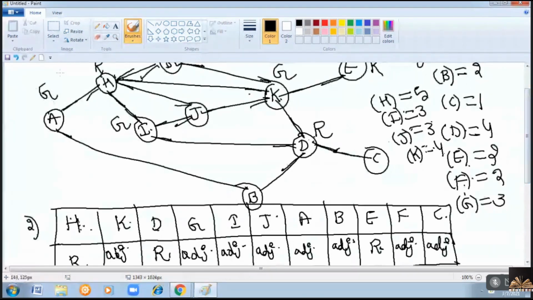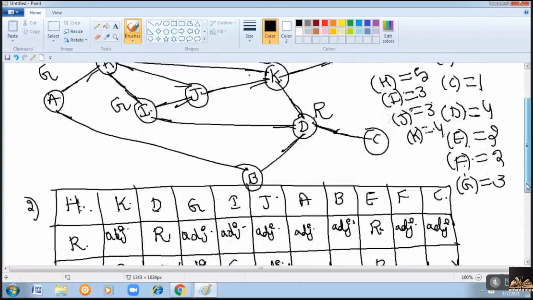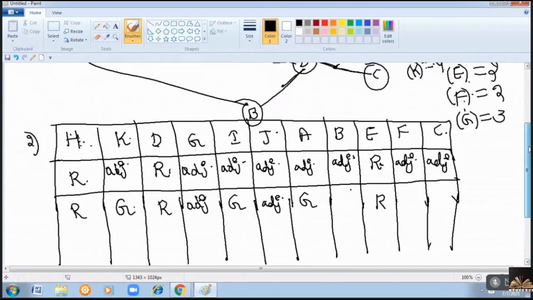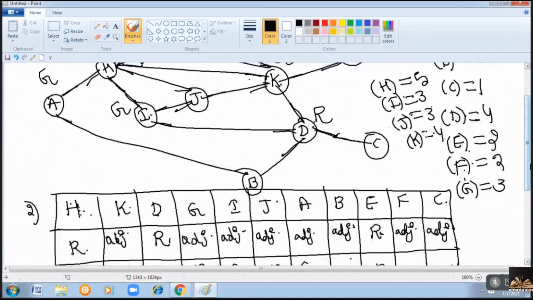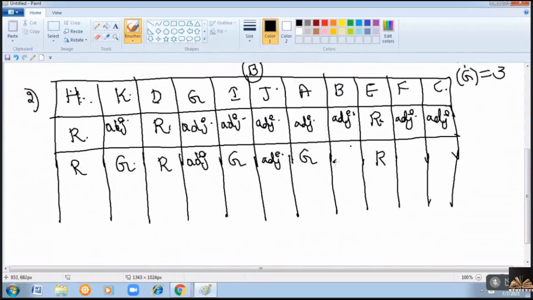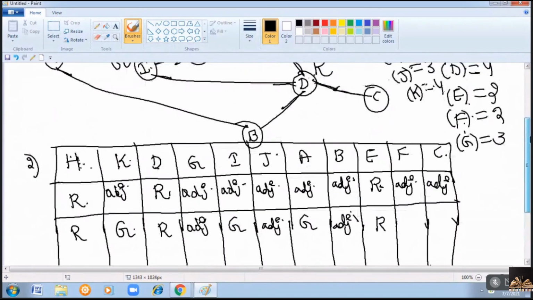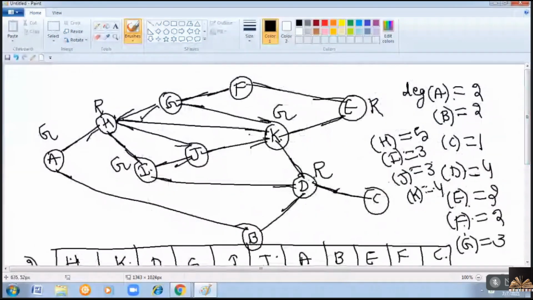So you can color it with green. Now you need to check whether B is adjacent to K, I and A. B is adjacent to A, so you cannot color it. Next comes F. Is F adjacent to K, I, A? You need to check. It is not adjacent to K, not adjacent to I, not adjacent to A. So you can color it with green.